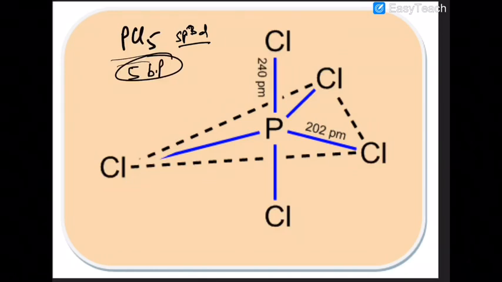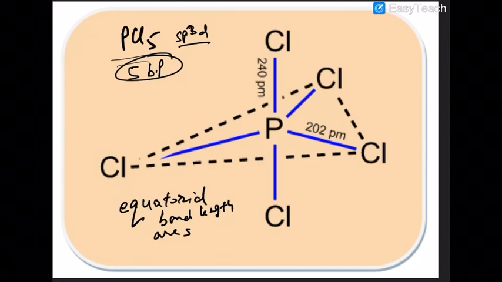So here you can see that the equatorial bond lengths are smaller.